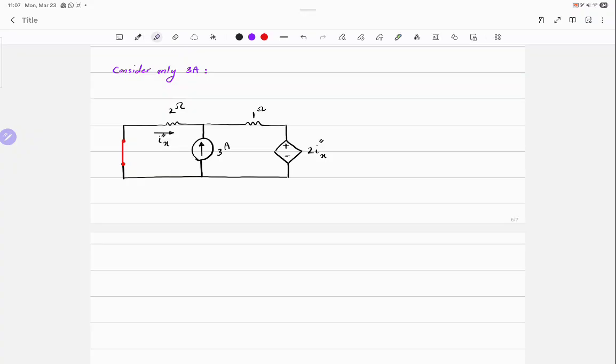So let me find the nodes here. I have this node. What should I call this? Let's call it just V. And I also have this node.